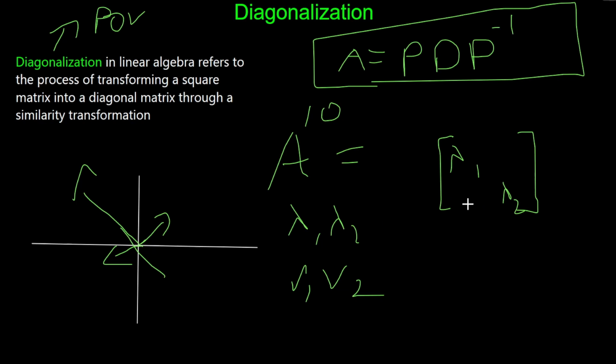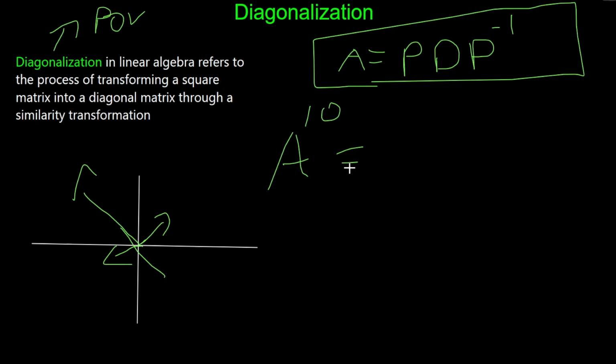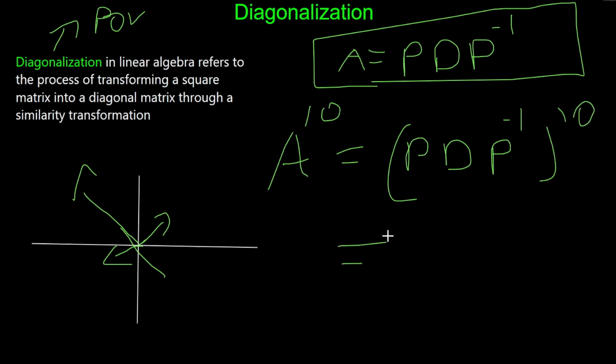So how does this work? If we want A to the power 10, the right side equation will be PDP inverse to the power 10. So we'll have the same equation 10 times: PDP inverse multiplied by PDP inverse, and so on, 10 times.